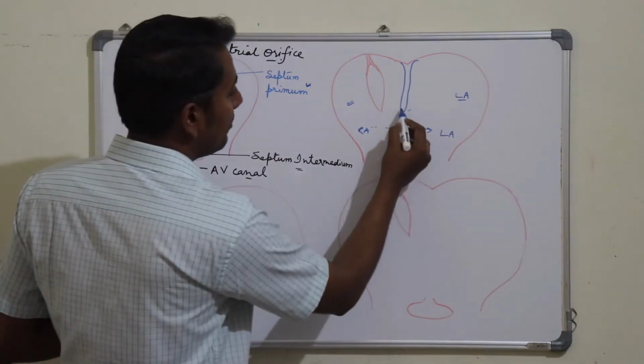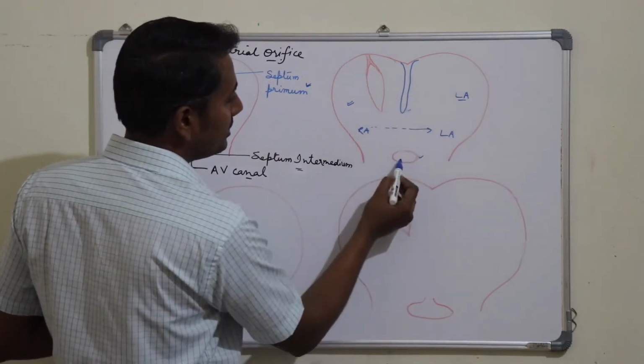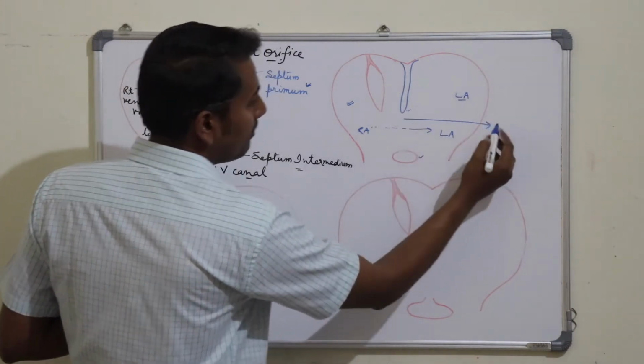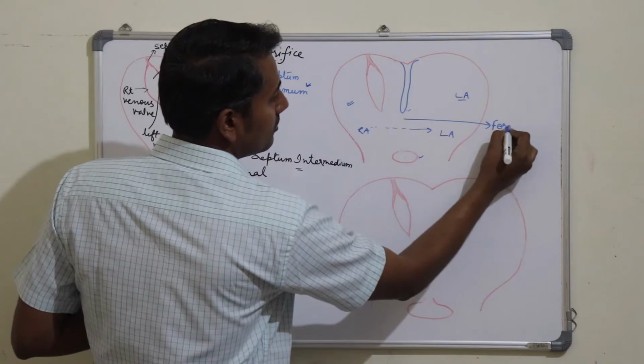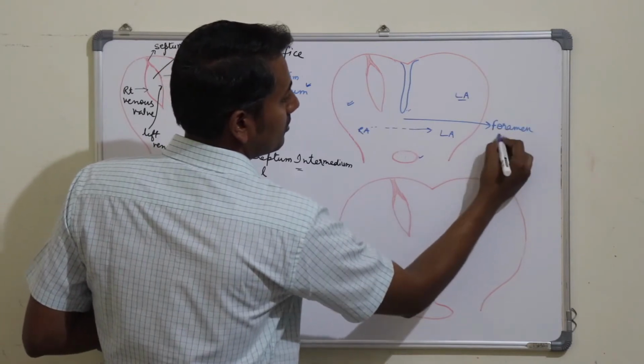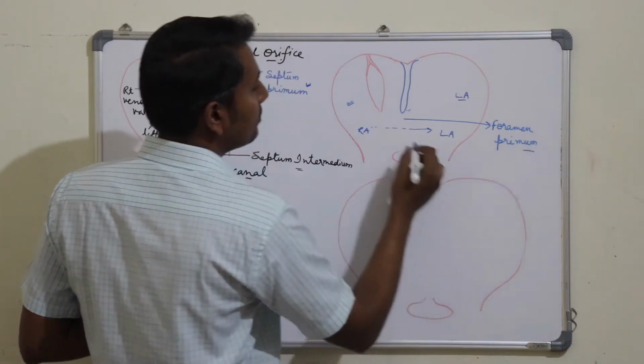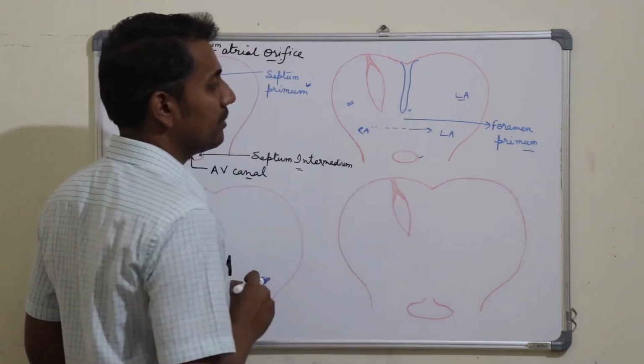This gap between the septum primum and the septum intermedium is known as foramen primum, as it is formed by the septum primum.